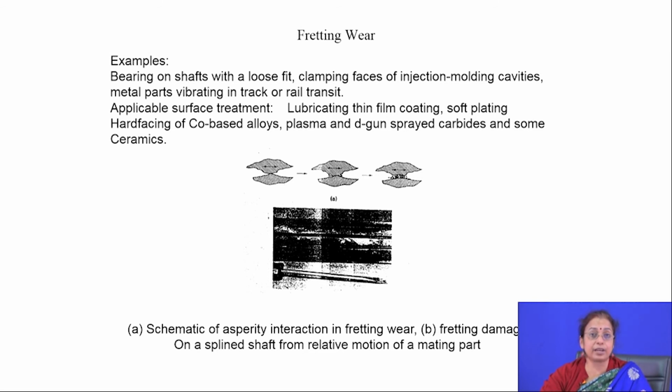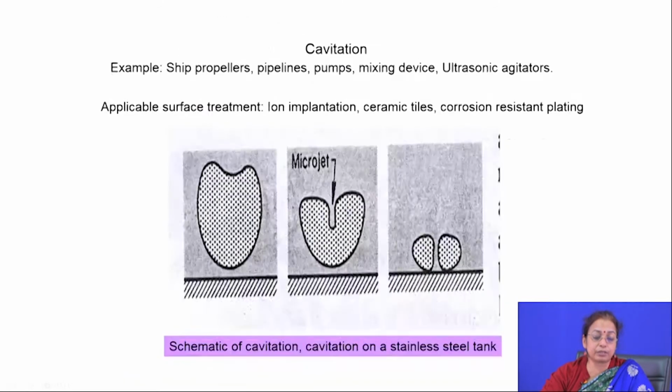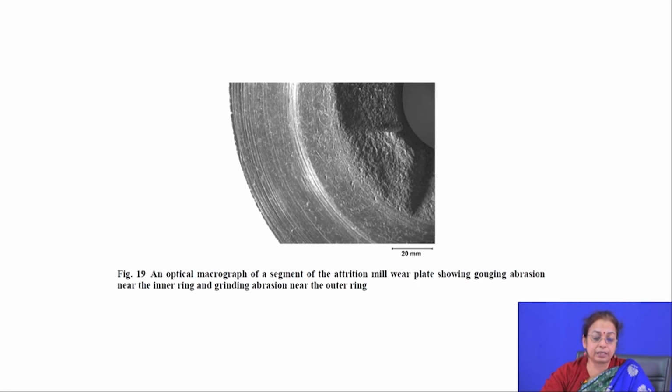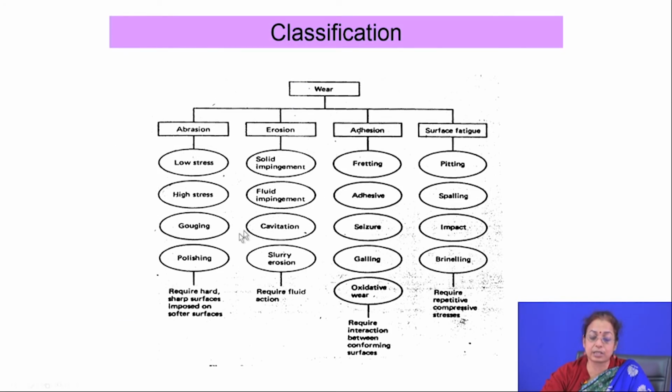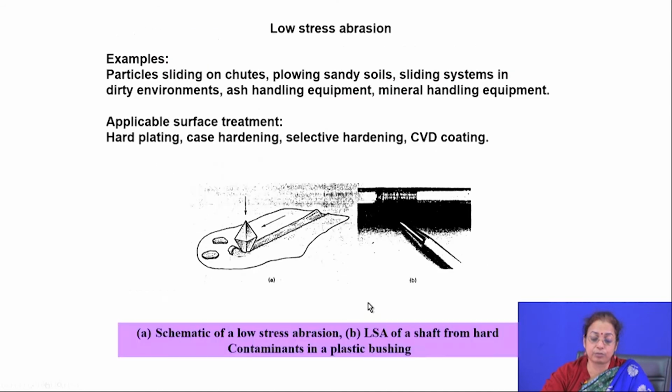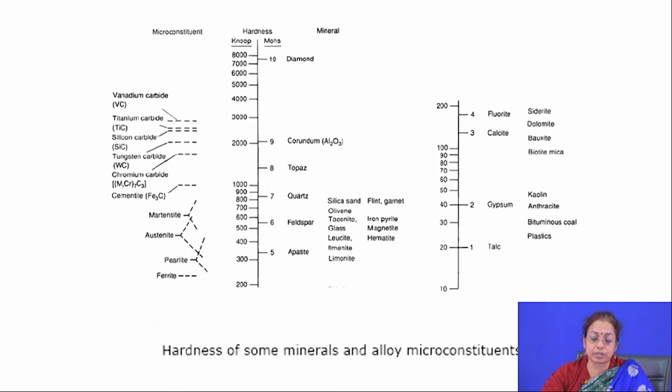If you quickly go through the different submodes of adhesive wear, you will find that there are 5 different submodes by which adhesive wear proceeds: fretting wear, simple adhesive wear, scuffing, galling, and then oxidative wear. These are the 5 different modes by which adhesive wear proceeds.